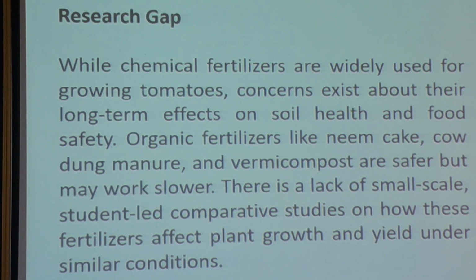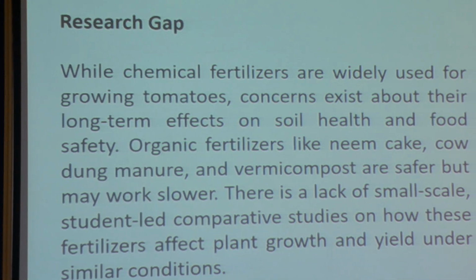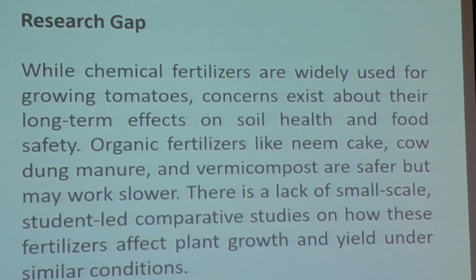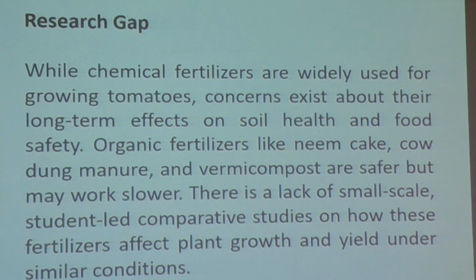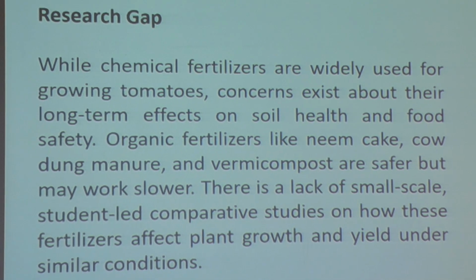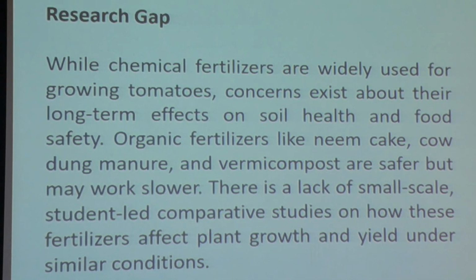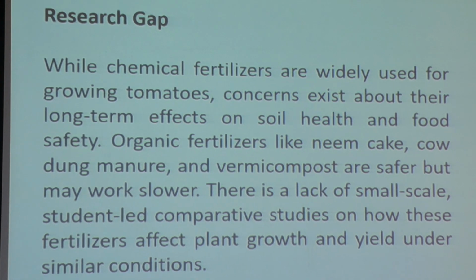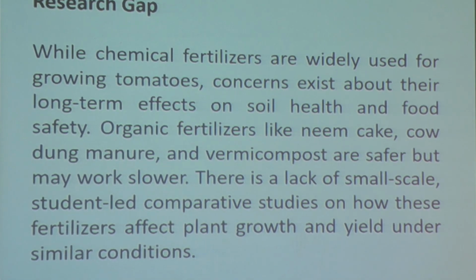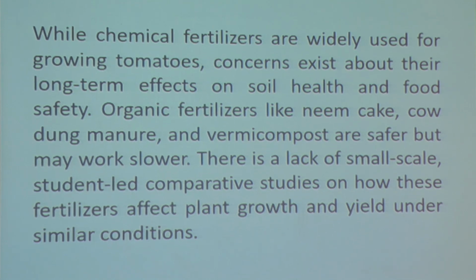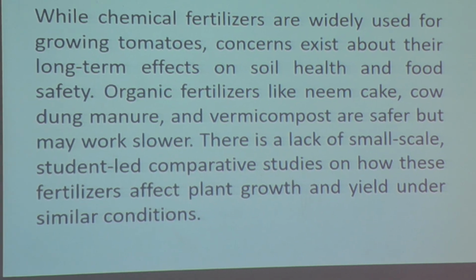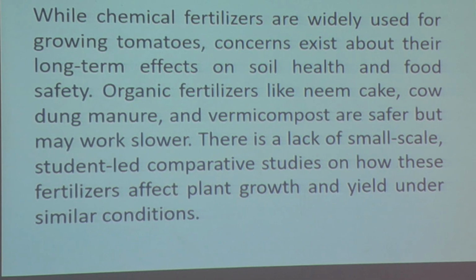While chemical fertilizers are widely used for growing tomatoes, look at this one. Chemical fertilizers are widely used for growing tomato. Concerns exist about their long-term effect on soil health and food safety.